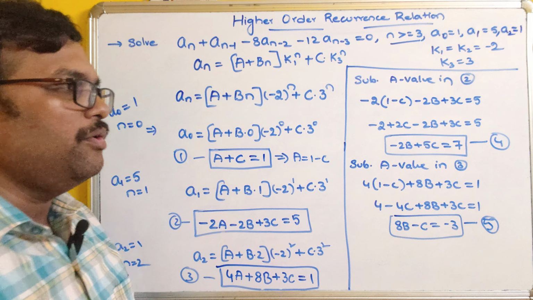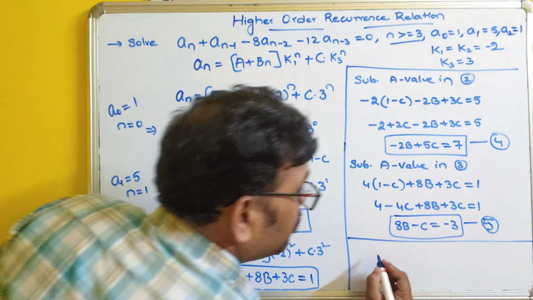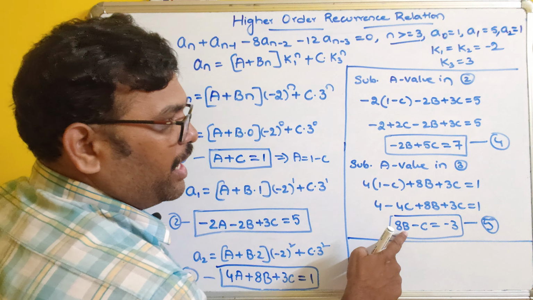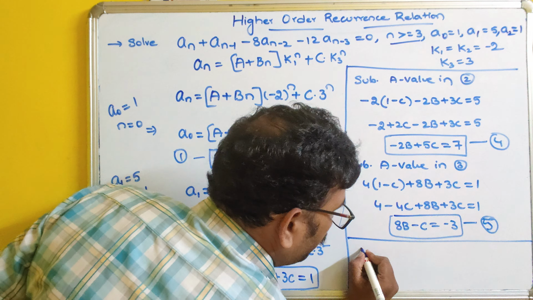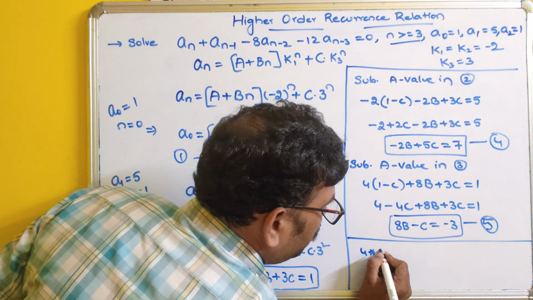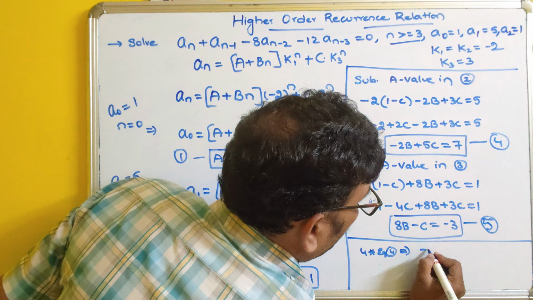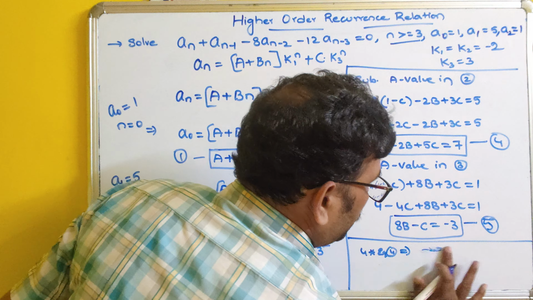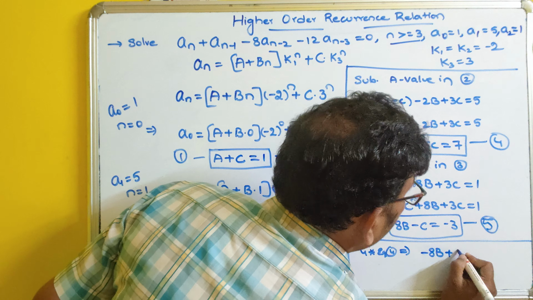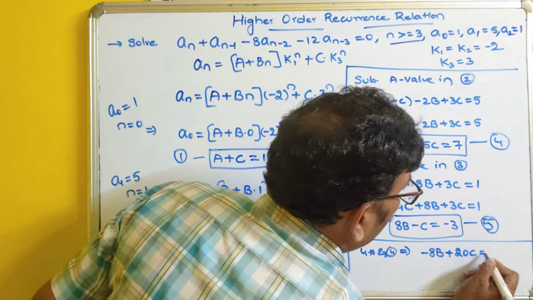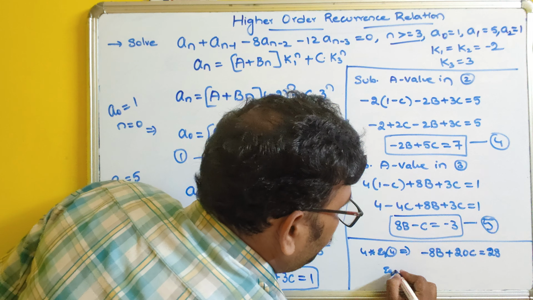Now we need to solve 4 and 5. So what is 4? Here we are having 8b, so we can multiply equation 4 with 4. 4 into equation 4 becomes minus 8b plus 8c is equal to 4 into 4. Next, equation 5.